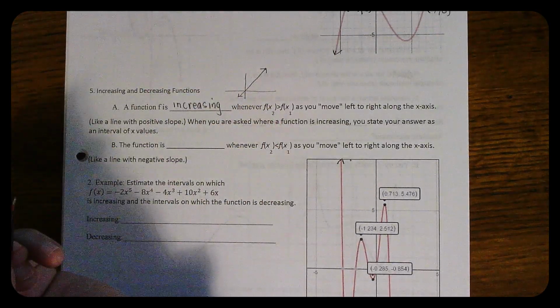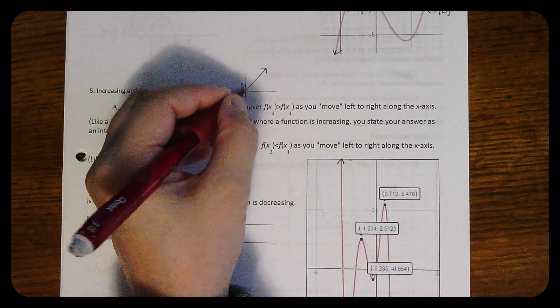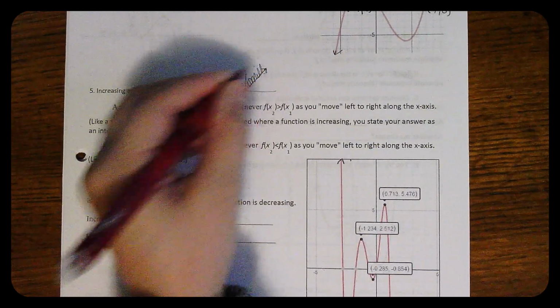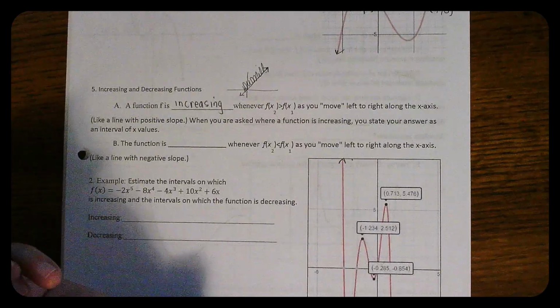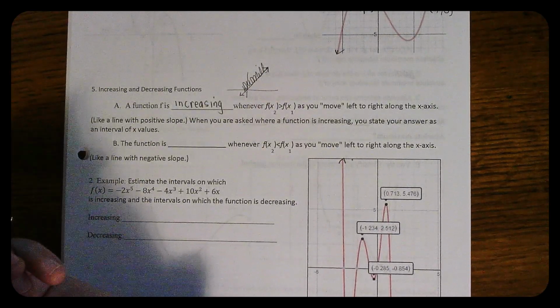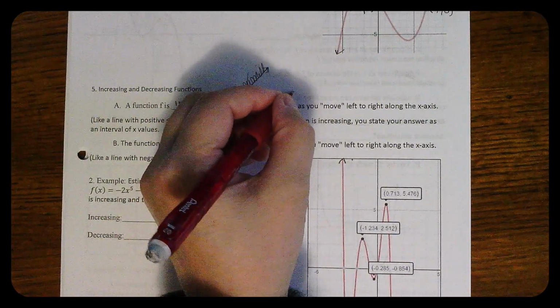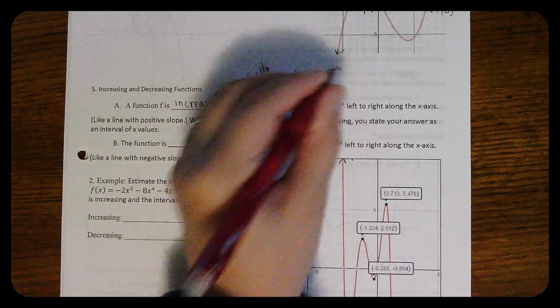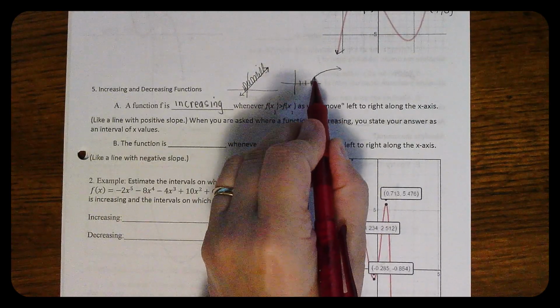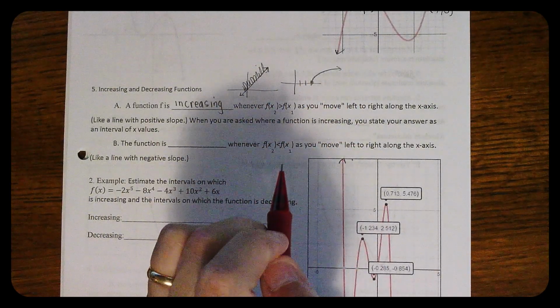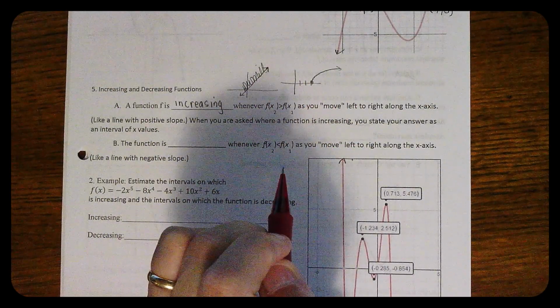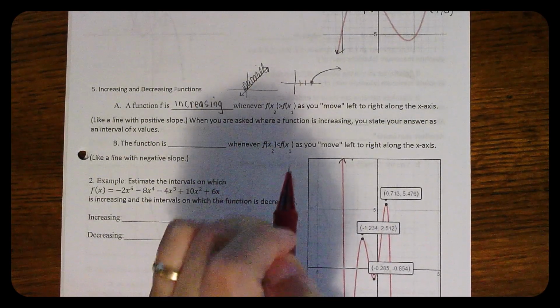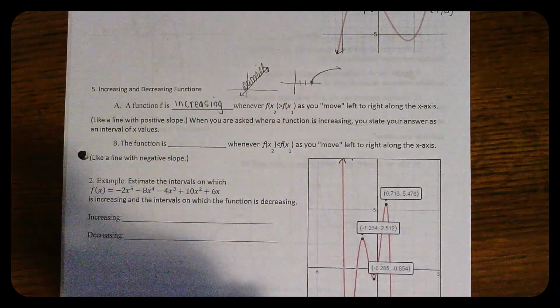That line has a positive slope. It's going up as you go left to right. I always say as you sign your name, if you're going up, that's an increasing line. Well, curves can be increasing too. So like a square root function, that's an increasing function because as you go left to right, each y value is getting higher. So it doesn't have to just be lines. All right, so an increasing function is going up as you go left to right.